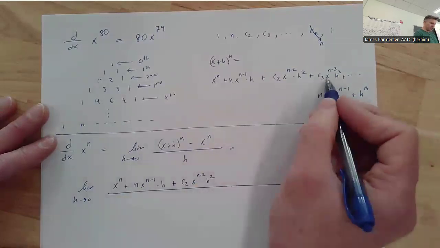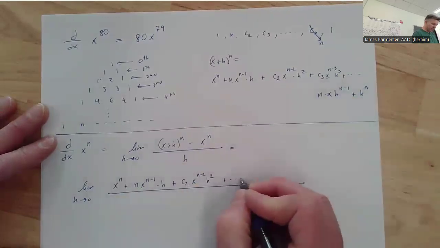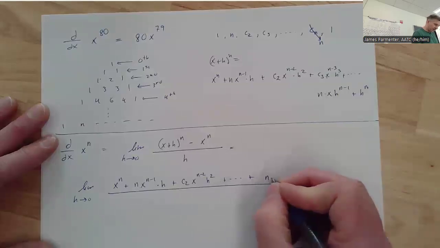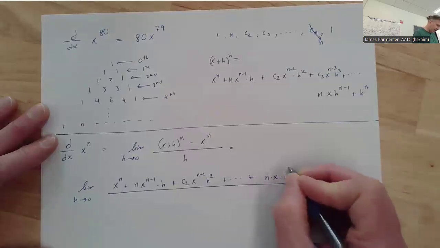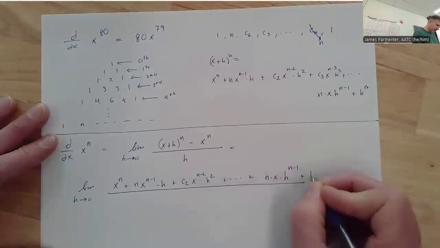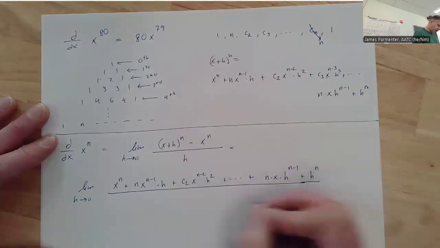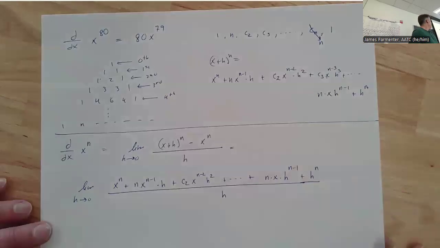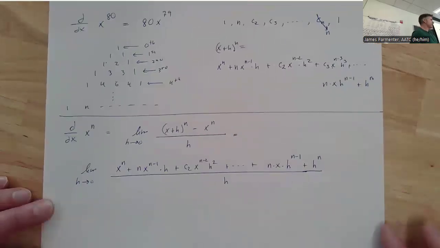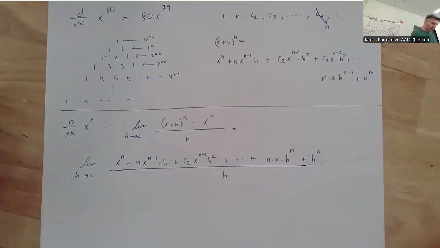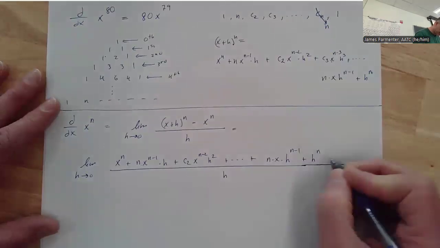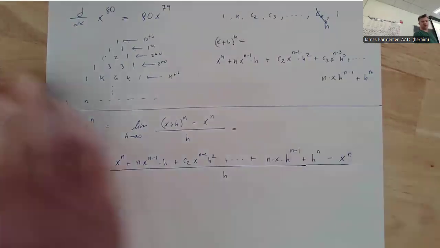I'm going to skip right into the next one and go all the way to the last couple. The last couple are n times x times h to the n minus 1 plus h to the nth power, all divided by h. And just like the previous times we've done this, the same sort of thing is going to happen. I forgot one thing. The minus x to the n.